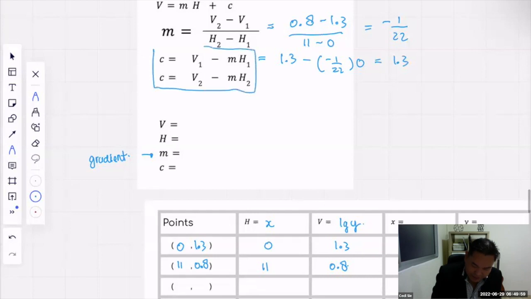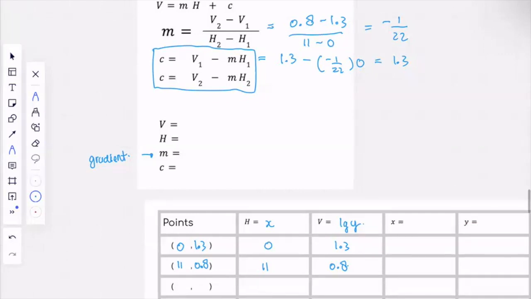Yes, we have these two formulas to find c: c equals phi1 minus m h1, or c equals phi2 minus m h2. So we get m is minus 1 over 22 and c is 1.3.